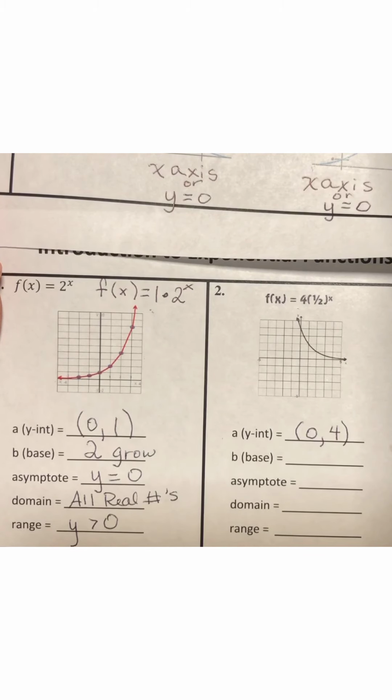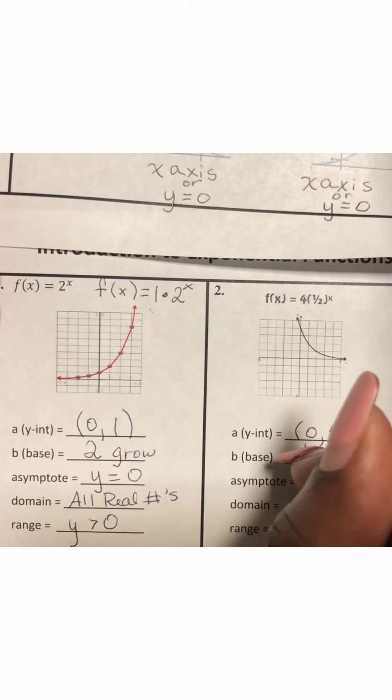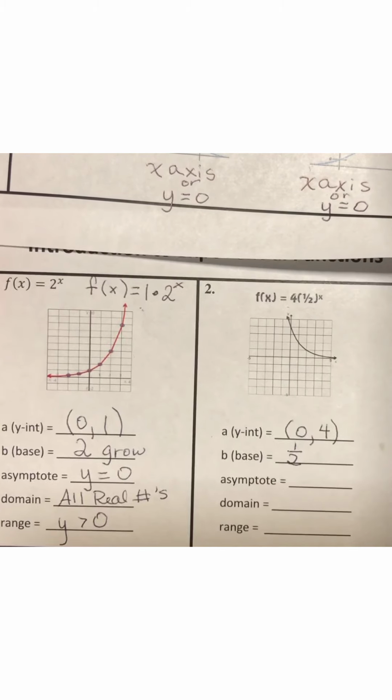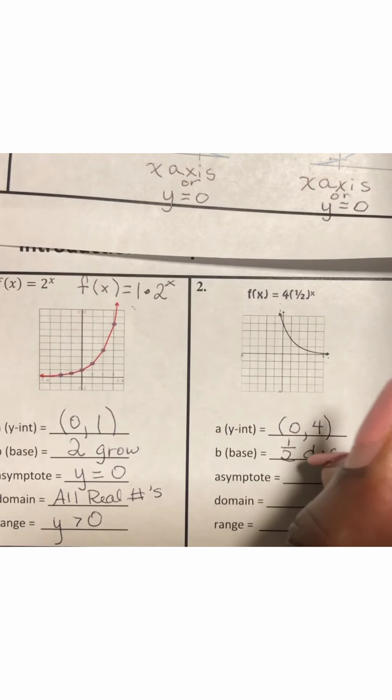The base in this case is 1/2. So, since the base is 1/2, does that number fall between 0 and 1, or is that number greater than 1? You got it again. That number falls between 0 and 1. So therefore, this function will decay.